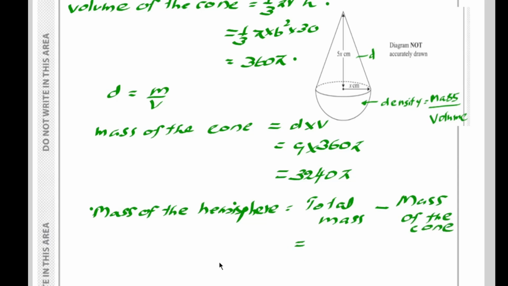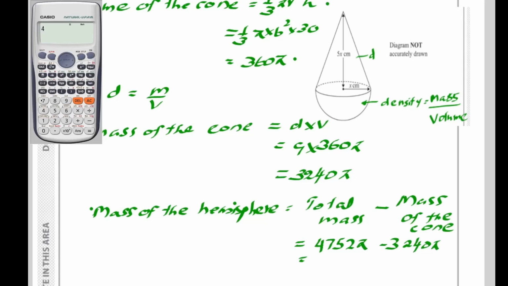Total mass is given in the question as 4752 pi. Mass of the cone we got is 3240 pi. When we subtract these two, 4752 minus 3240, the answer comes as 1512. 1512 pi. So we have the mass of the hemisphere.